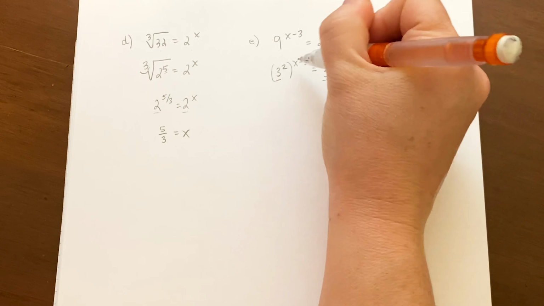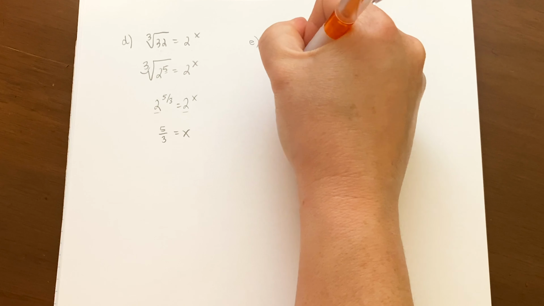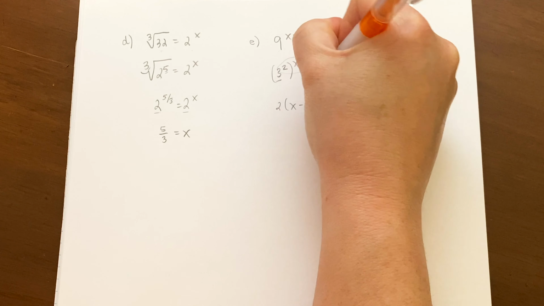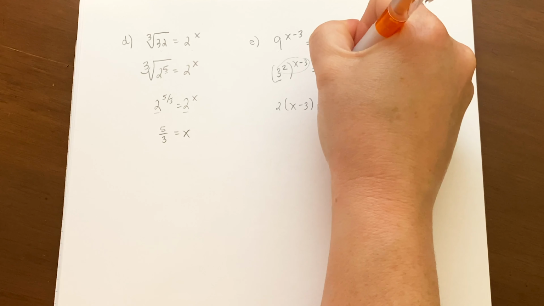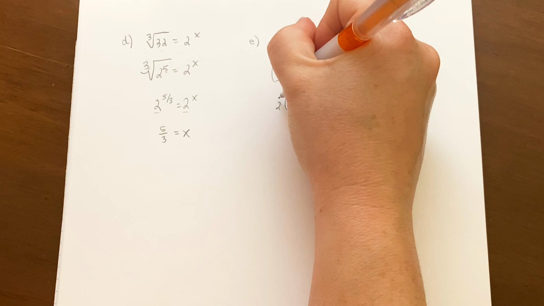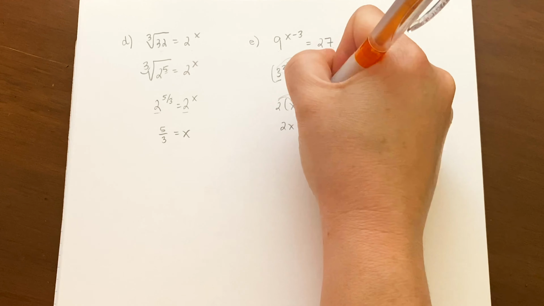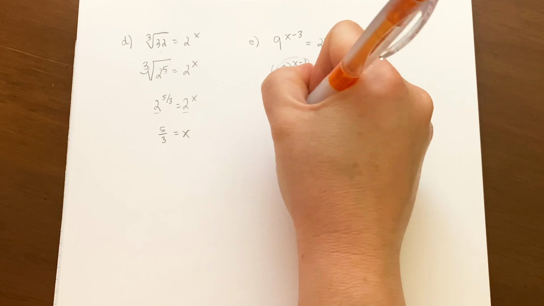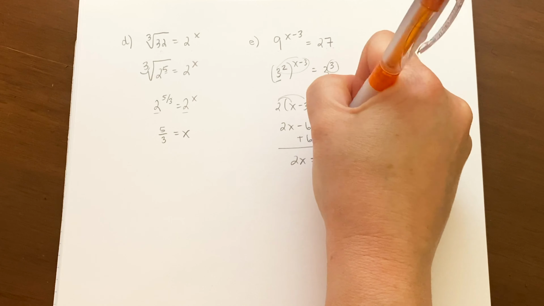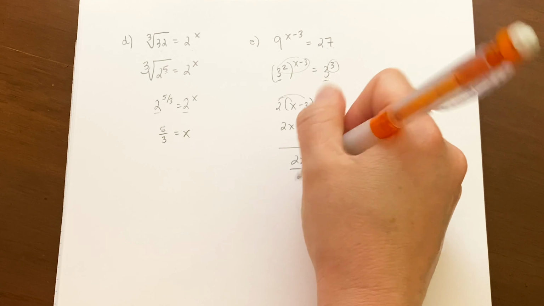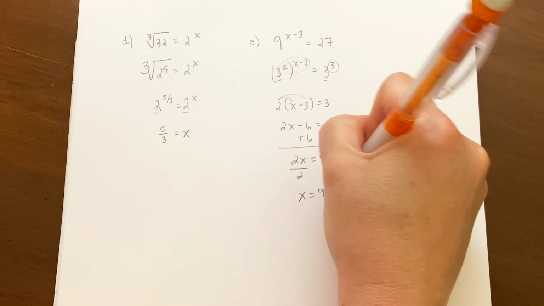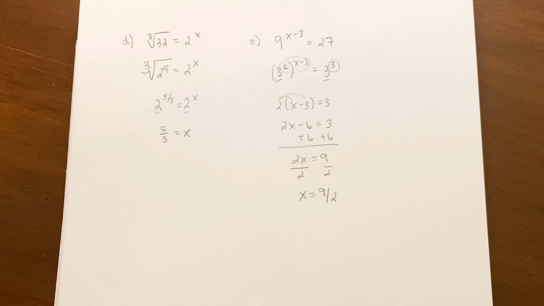That's step 1. Step 2 is bring down the exponents. So I've got 2 times x minus 3 equals 3. I'm going to distribute here. So 2x minus 6 equals 3. Add 6 to both sides. 2x equals 9. Divide by 2, and x equals 9/2.